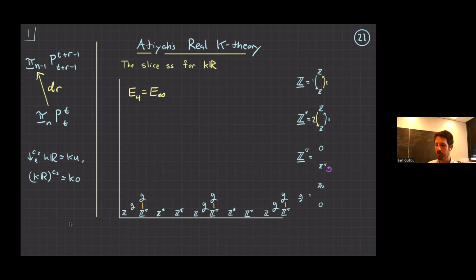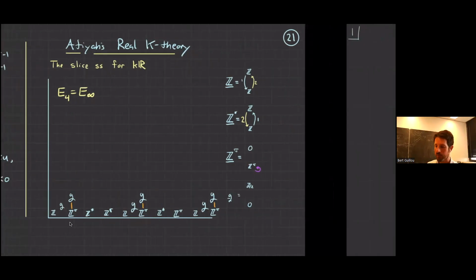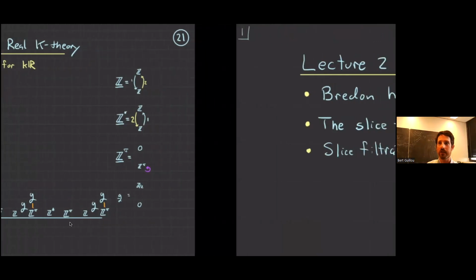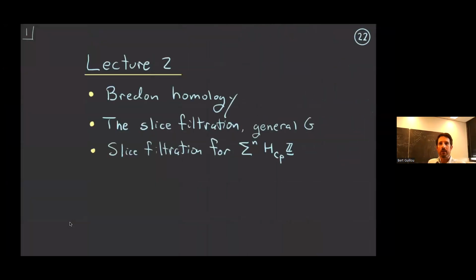All right, so that's where we'll stop for today. The plan for next time is to talk about Bredon homology. These homotopy groups of the slices are in fact Bredon homology calculations of representation spheres, and we'll talk about how you do that. In particular, we'll start with this example, but we'll look at some others as well.